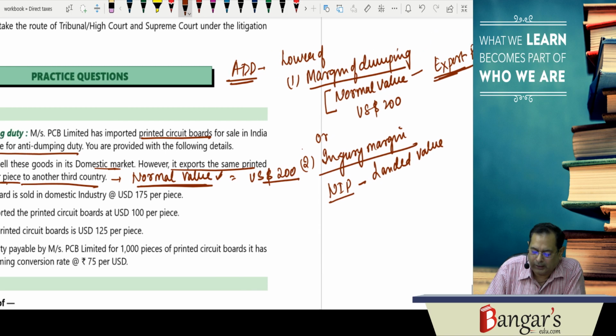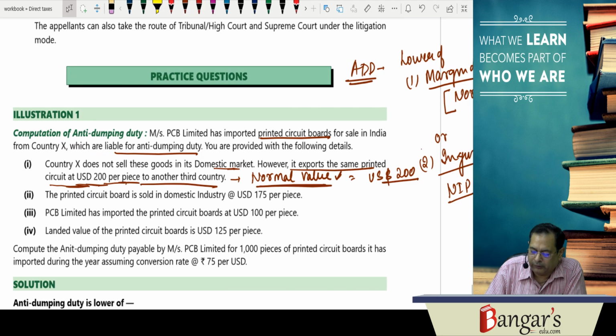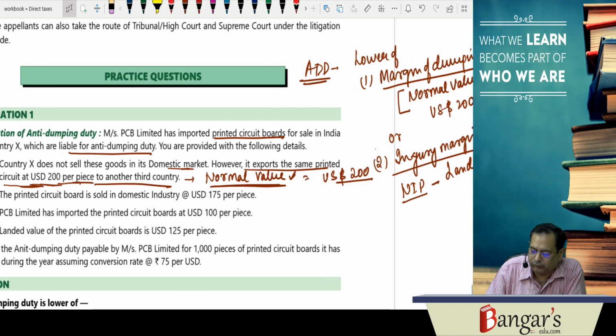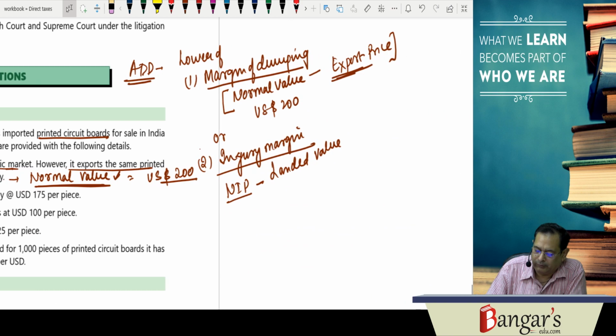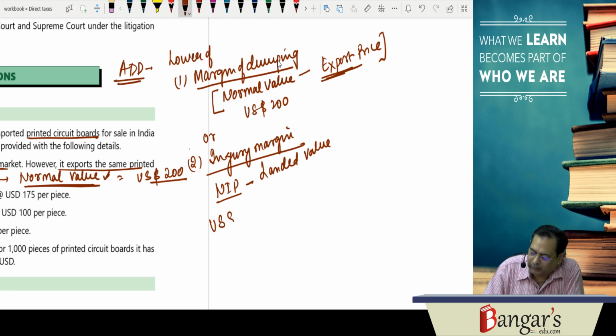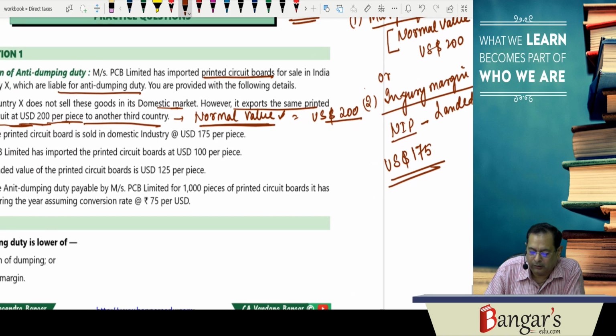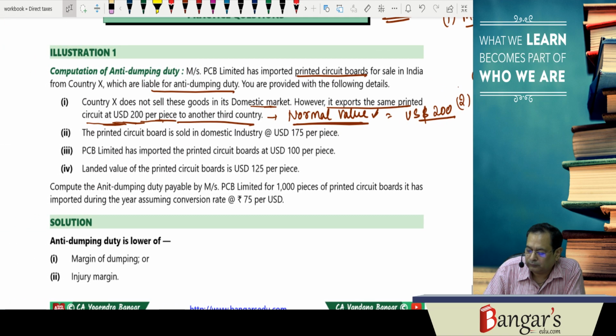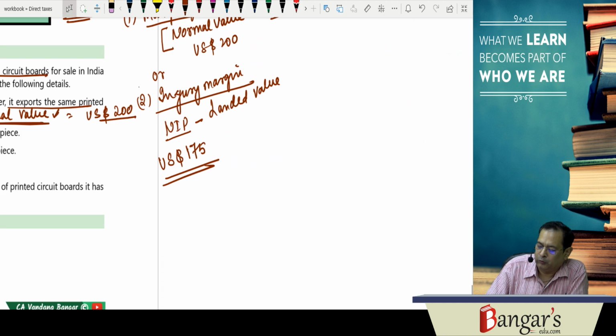Now they say that here the printed circuit boards sold in domestic industry is $175. Non-injurious price is $150. And the export price is US dollar 100. PCB has imported the same for US dollar 100.